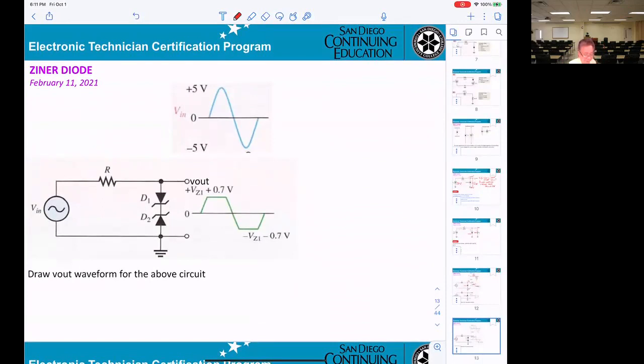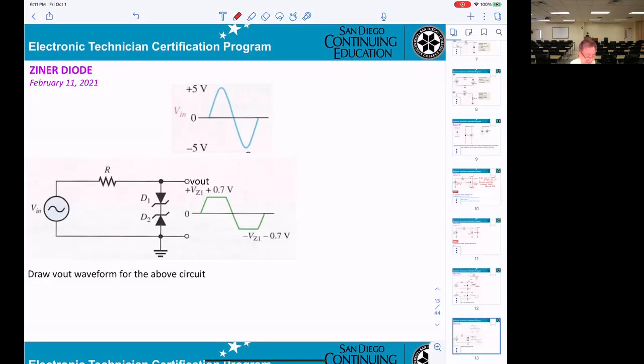This one, same thing, okay? Positive, then one will be breakdown. The other one will be normal. So that's why for positive, VZ1 breakdown, adding 0.7.